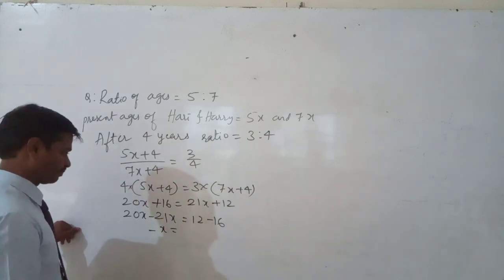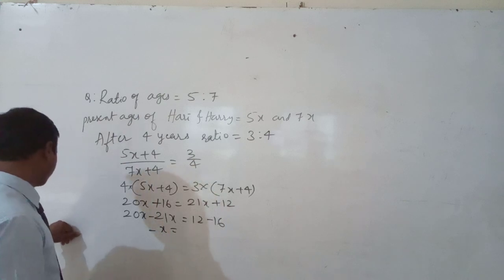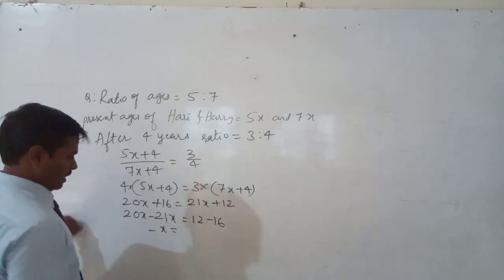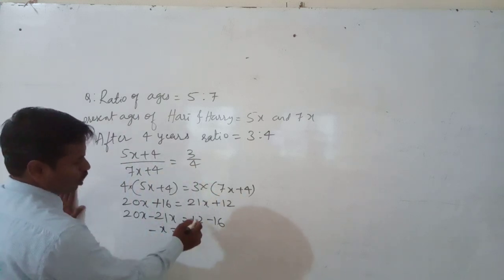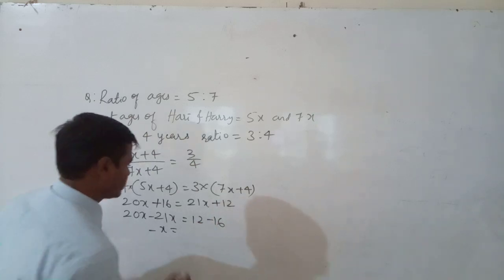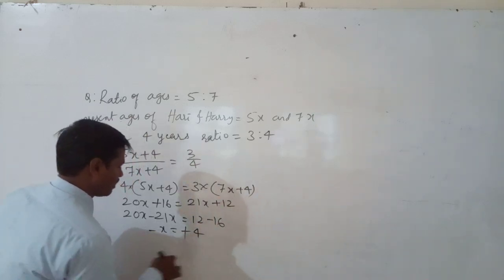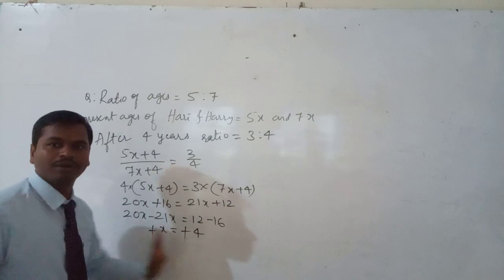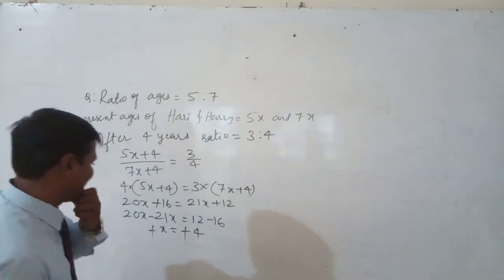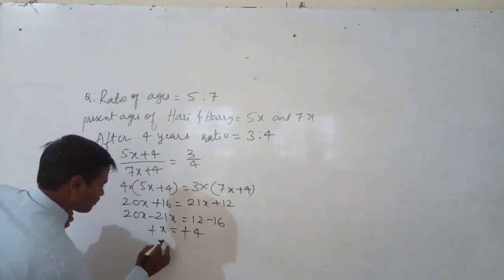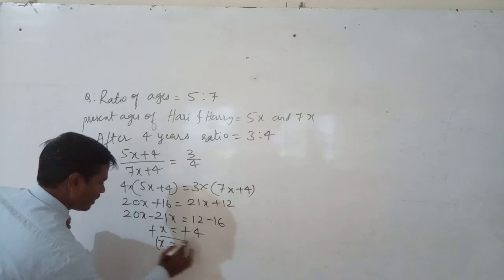Now 12 minus 16 is minus 4. If you multiply throughout by minus 1, we get x equal to 4. x equal to 4 is the answer.